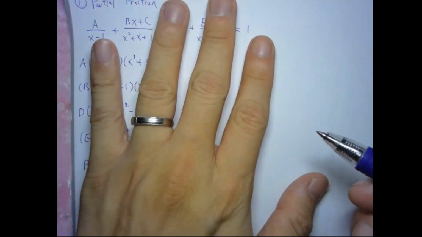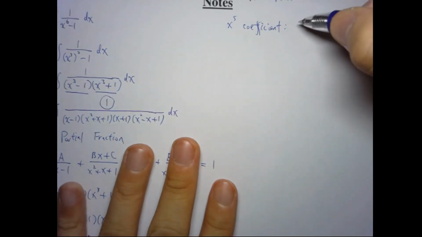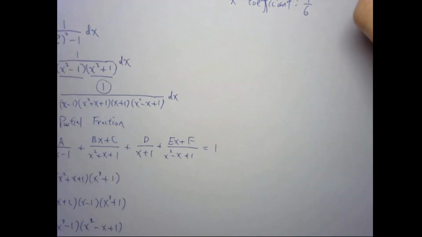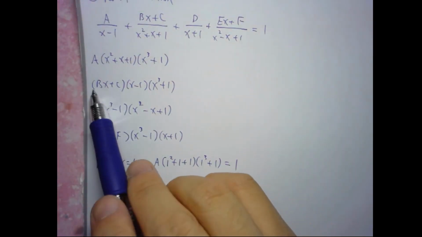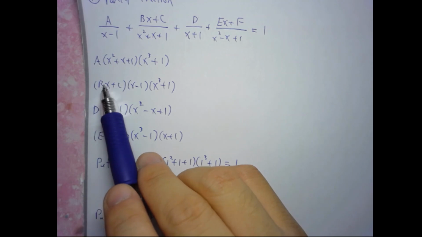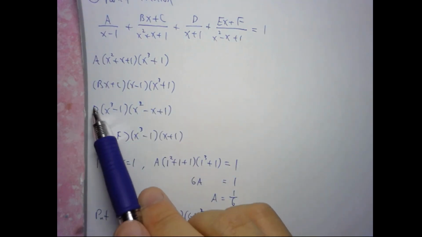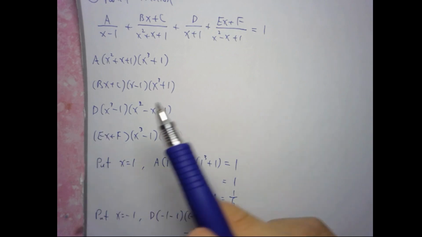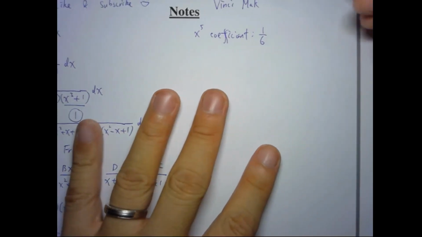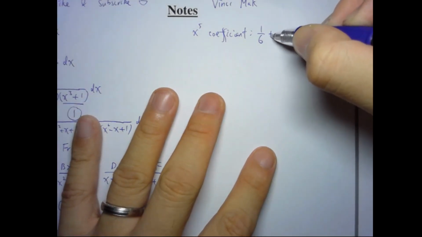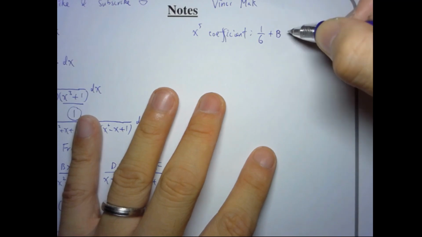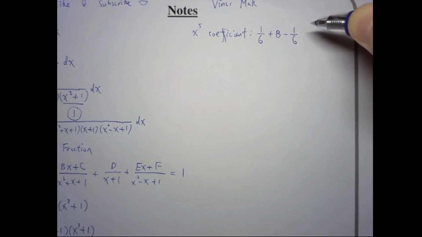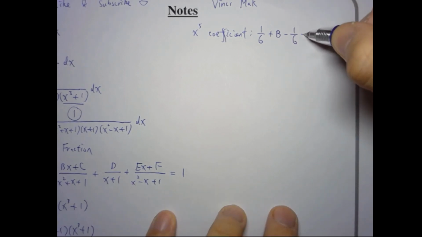So I can write down here 1 over 6. This is a. And then for the second term, this is b. For the third term is d. For the last term is e. So I can write down like this: 1 over 6 plus b plus d, d is negative 1 over 6, plus e.